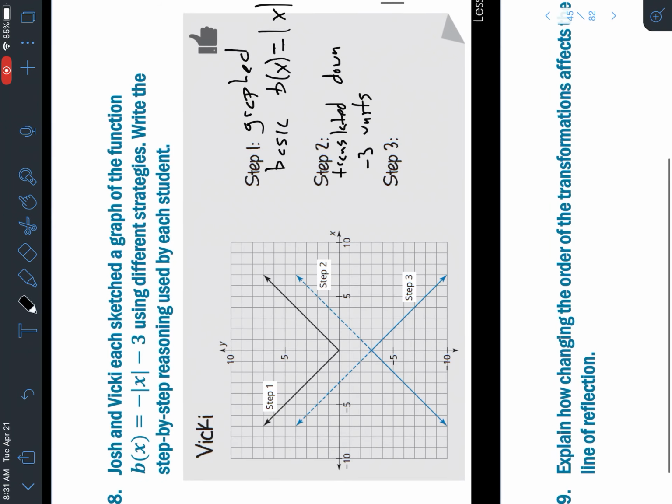And then finally, she did a reflection since a value is equal to -1.